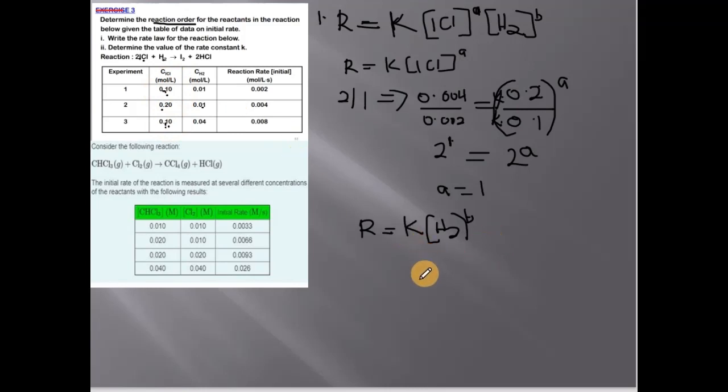So for the B, we are going to have experiment 3 over experiment 1. The experiment 3 rate is 0.008 over experiment 1 rate, which is 0.002.